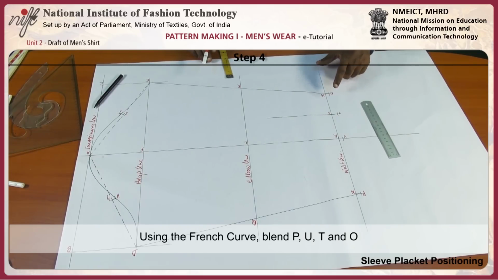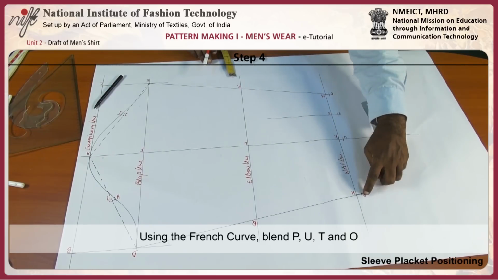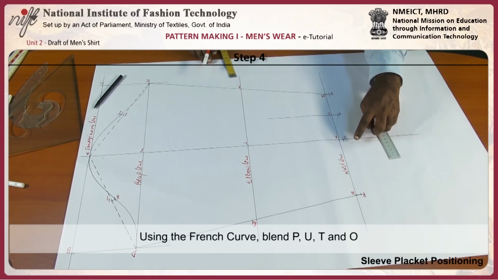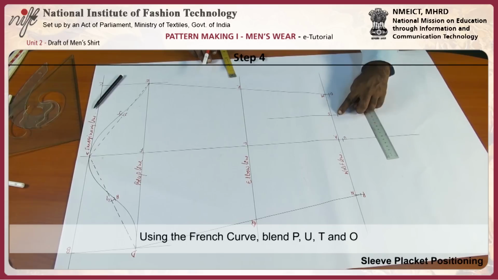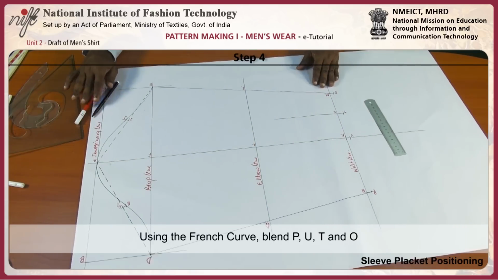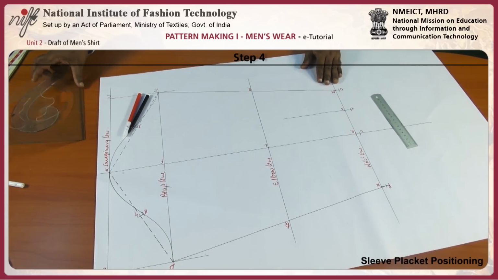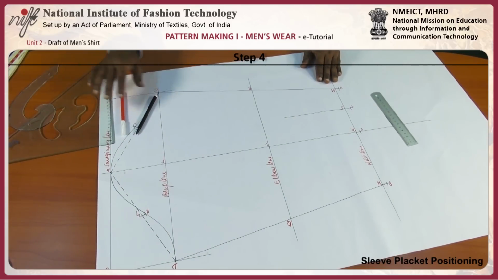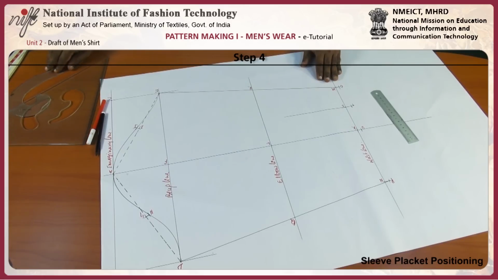Now points P, U, T and O are to be blended using curve vary, or sometimes you can use French curve too.